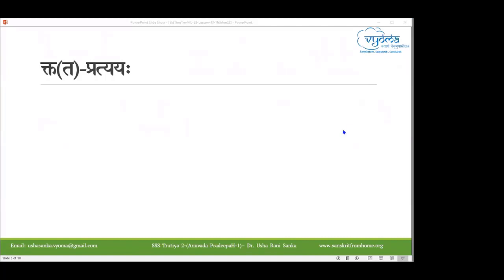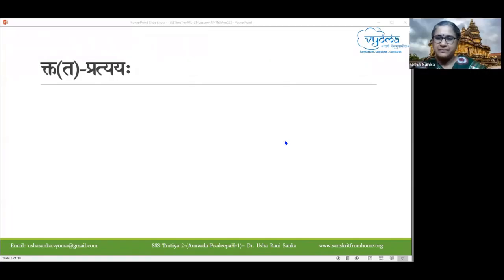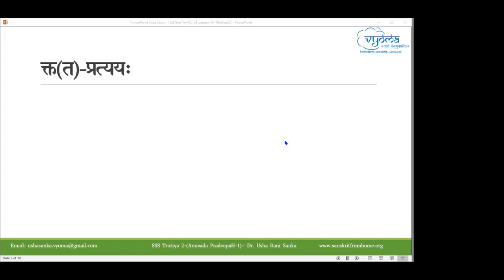Namaste, Bhagini. Kta pratyaya is a krudant pratyaya. When we add it to the dhatu, it becomes a krudanta, and it takes all the three lingas: Pullinga, Strilinga, and Napumsakalinga. In kta, the ka part goes away, so only ta remains.